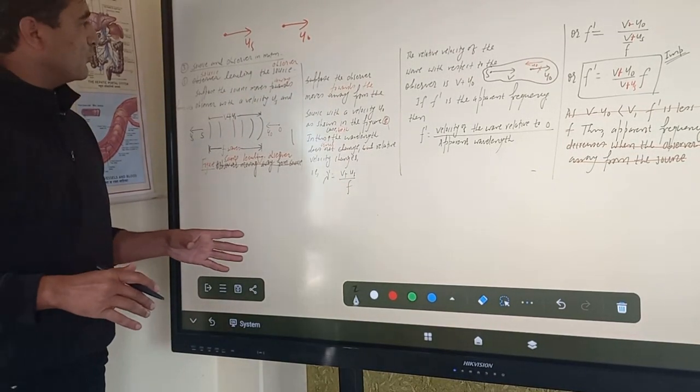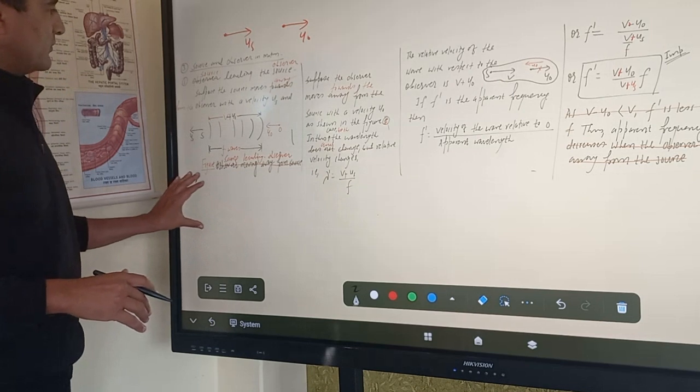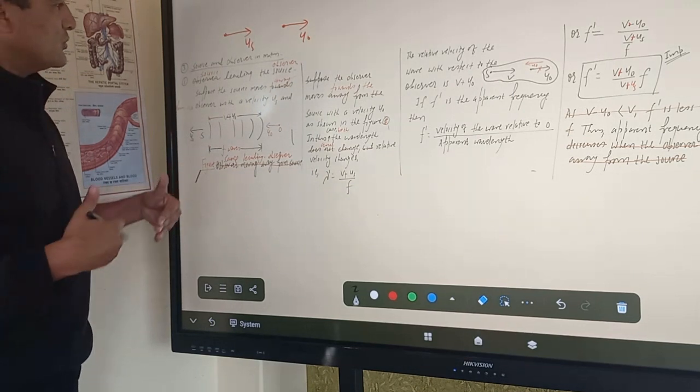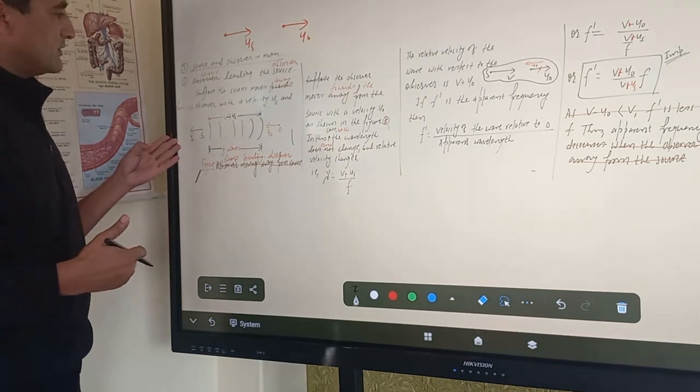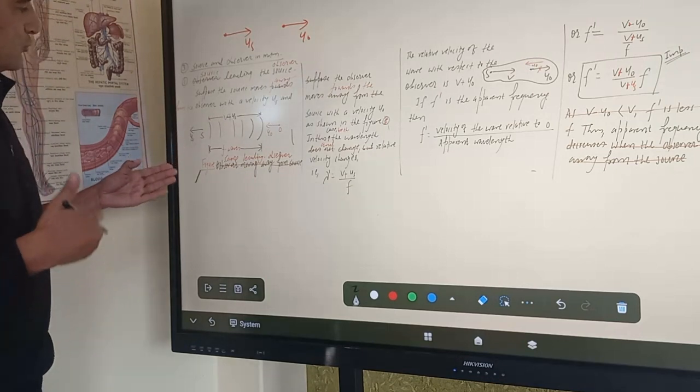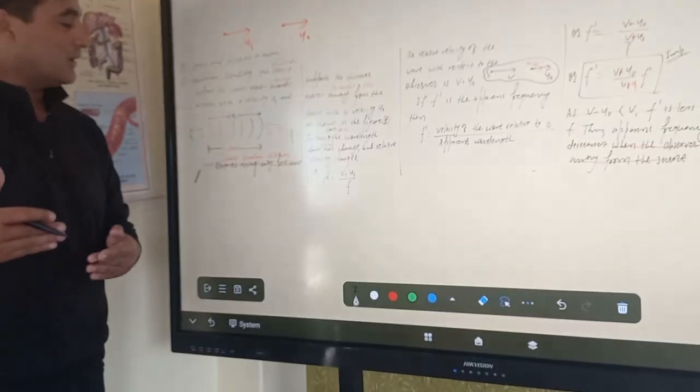Again, for the same case, source and the observer in motion, the second case is source leading the observer. When the source leads the observer, the source moves ahead of the observer.